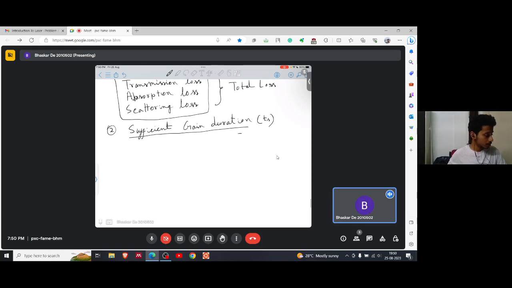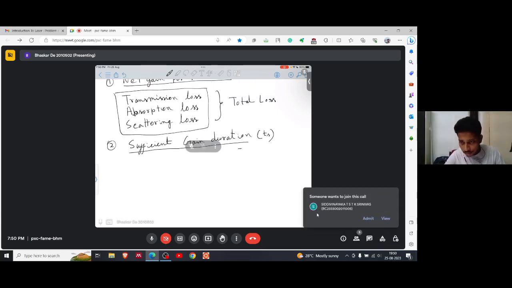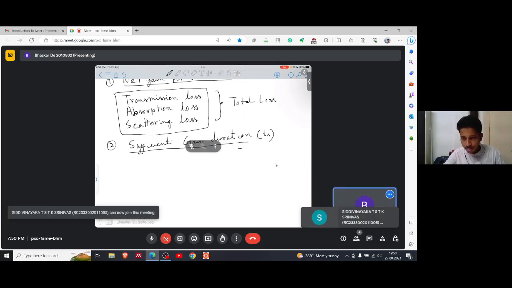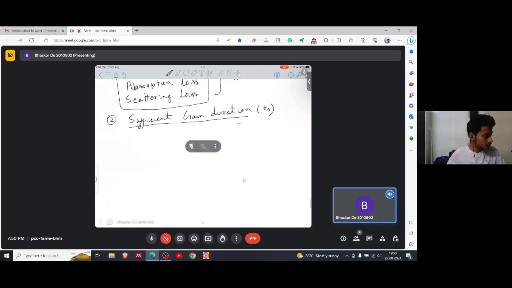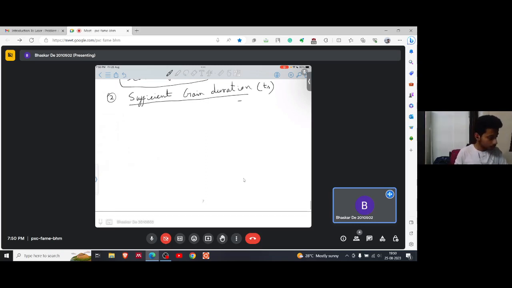So these two parameters determine the quality of the two mirror laser. So we'll briefly discuss the net gain per round trip.